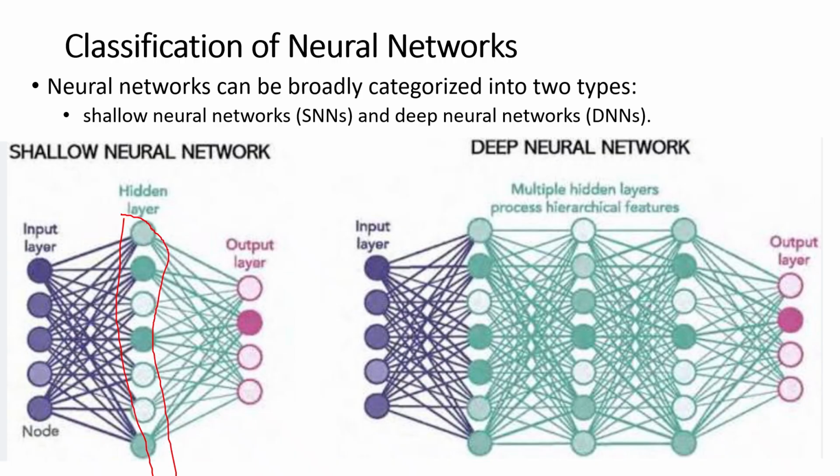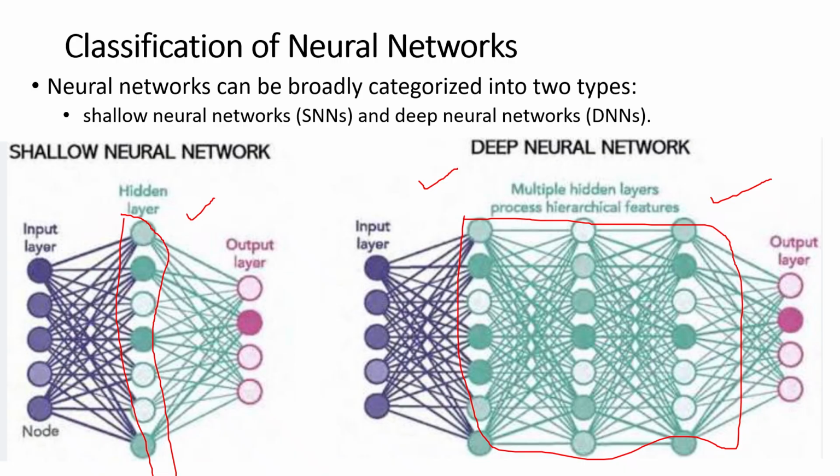When you have deep neural networks, there is one input layer and one output layer, and you have more than one hidden layer. So what is the advantage? Here the complexity of the model is less, but it cannot capture very complex patterns. The deep neural network is capable of capturing more complex features, or patterns.